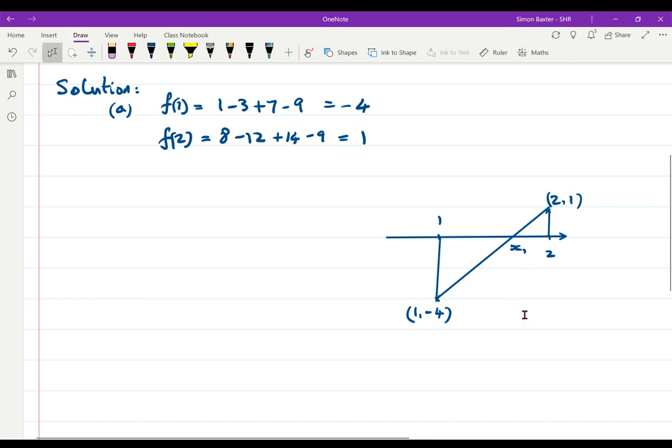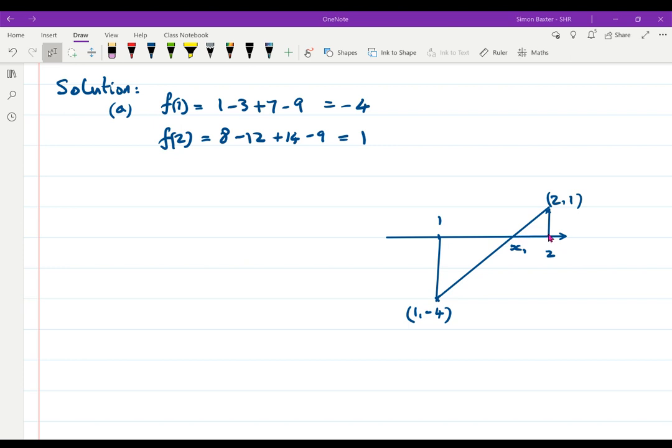If we look at this diagram carefully, we can see that we have similar triangles. These 2 angles are equal, opposite angles. You've got 2 90-degree angles. The third angle must therefore be equal, and so the triangles are similar.